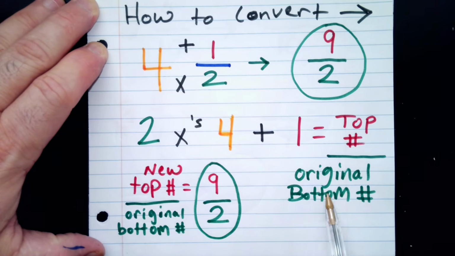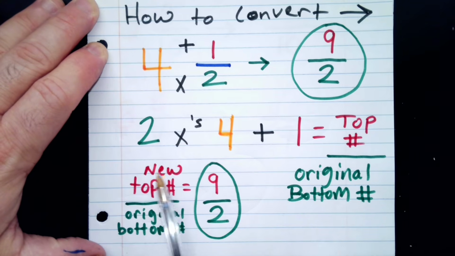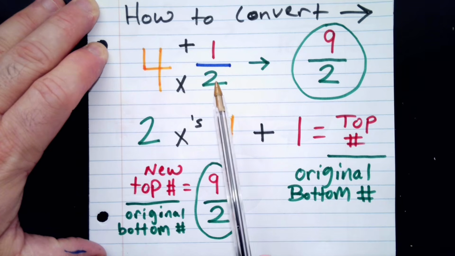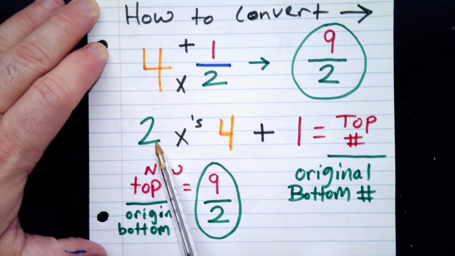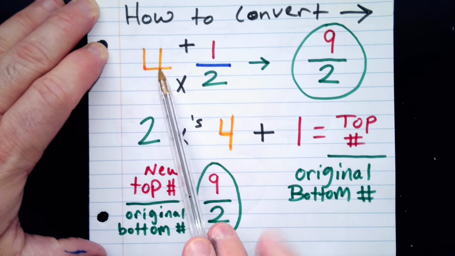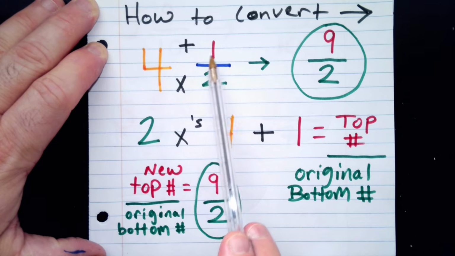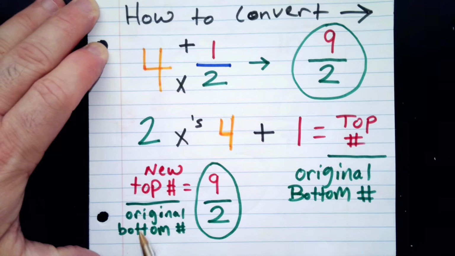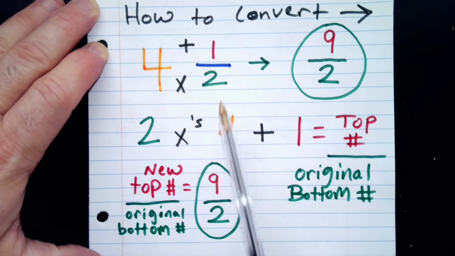That's your original bottom number. All right, so your new top number is 9. I'm taking the original denominator, multiplying times the whole number, which is 4, then adding the top part of the fraction to get the 9 for the new top number. Your original bottom number, the denominator, just stays the same.